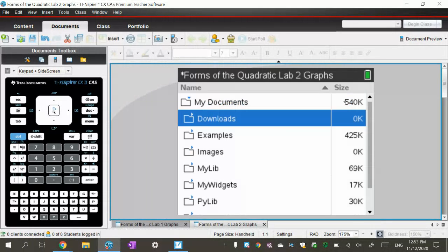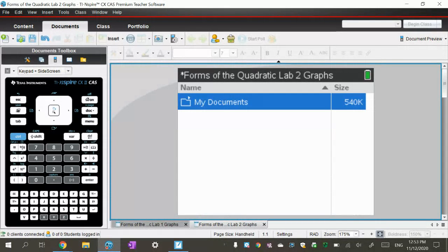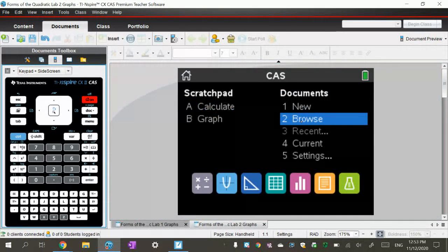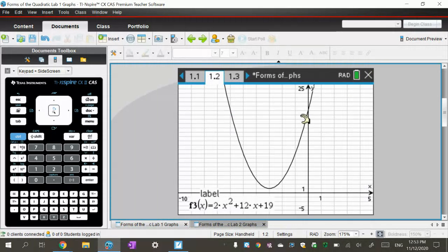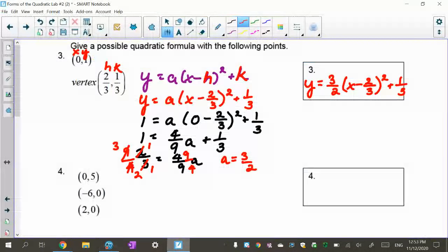I'm having a hard time bringing it back up. That's weird. Anyway, if you wanted to do that, you could actually graph this and look at your table to see if you could see that information.